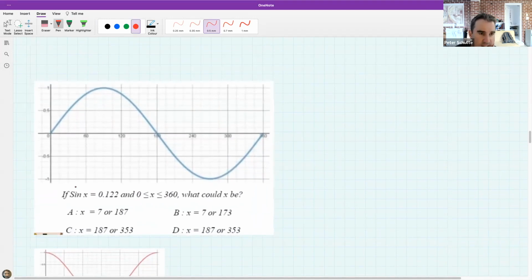It says, if the sine of x equals 0.122, and the domain you're considering is 0 to 360, what could the x be? What could the x be?